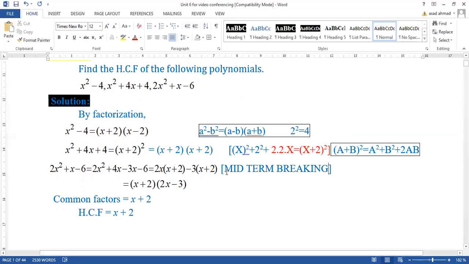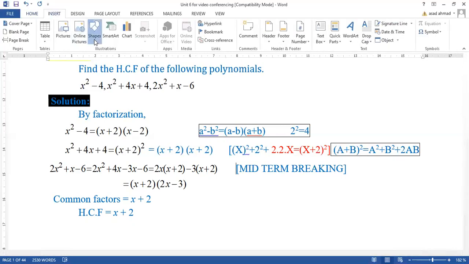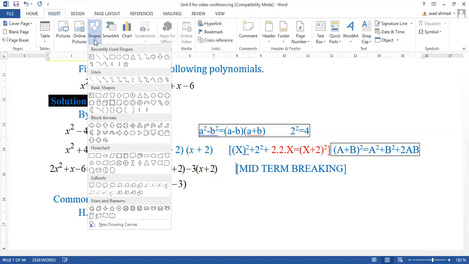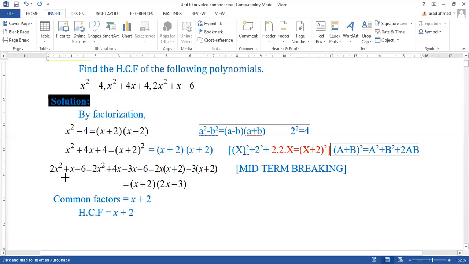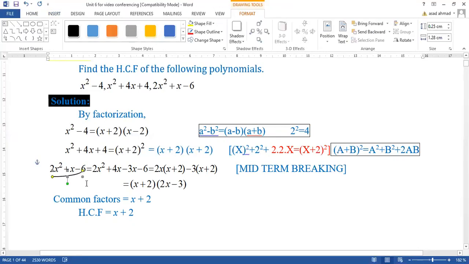Because of the midterm breaking, we have solved it into two factors, x plus 2 and 2x minus 3. By using the midterm breaking, and if you want to revise how we performed it, you must remember that we have to multiply two parts, these two, 2 and 6.